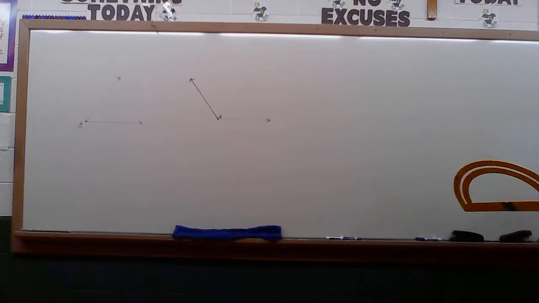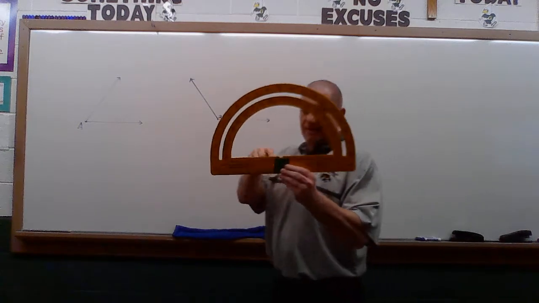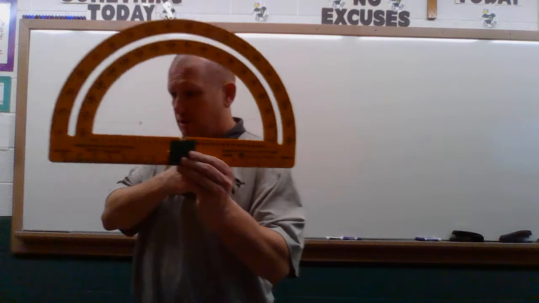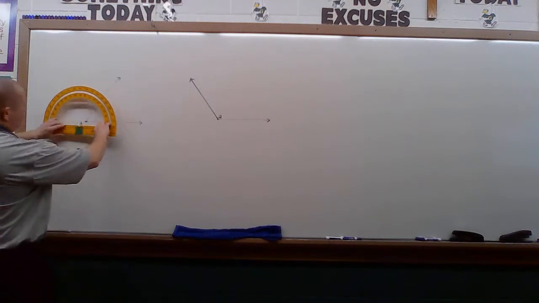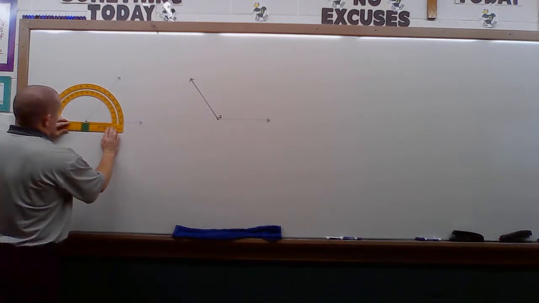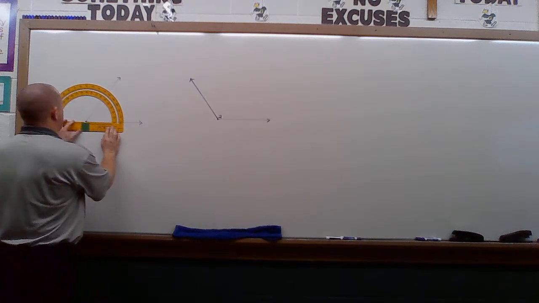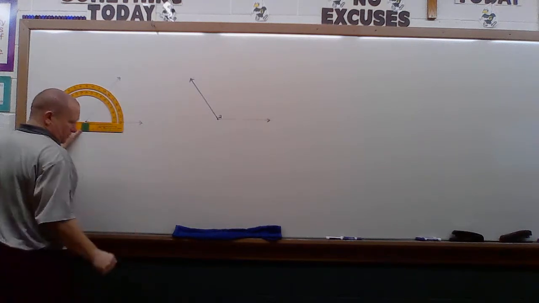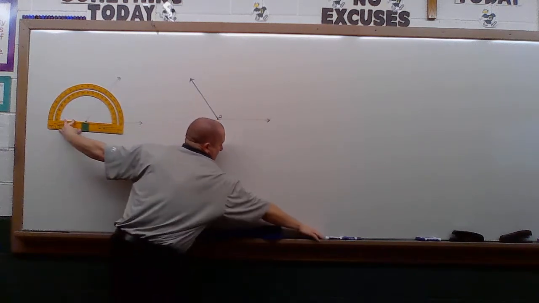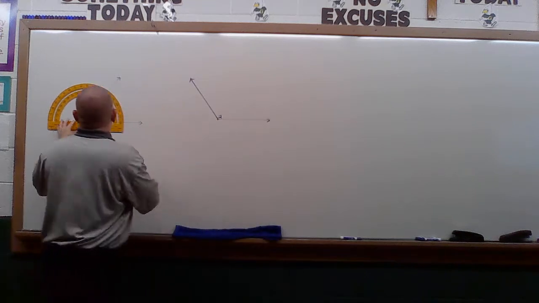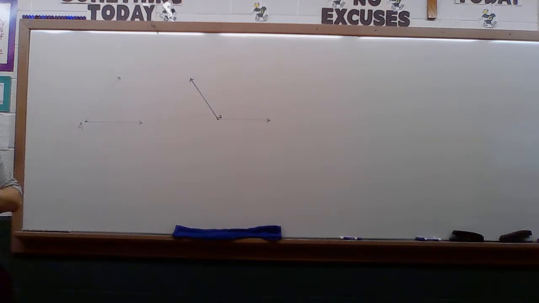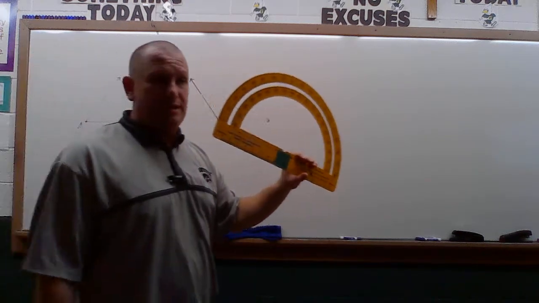Putting my little dot, or mine has more of like a crevice, indentation, I don't know, on my vertex. And then against that flat side goes one of my arms of my angles. And then I just have to see where it ends up hitting on my protractor. So again, this is why our protractor has numbers going both ways.